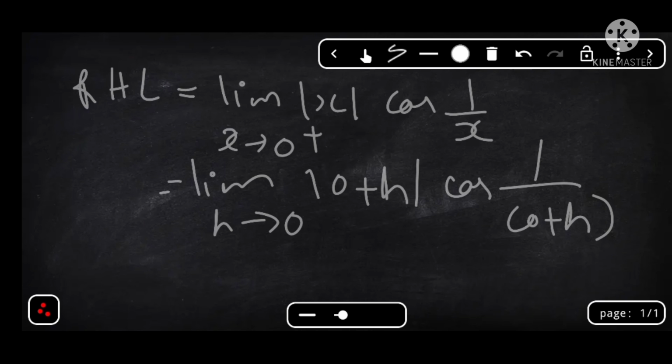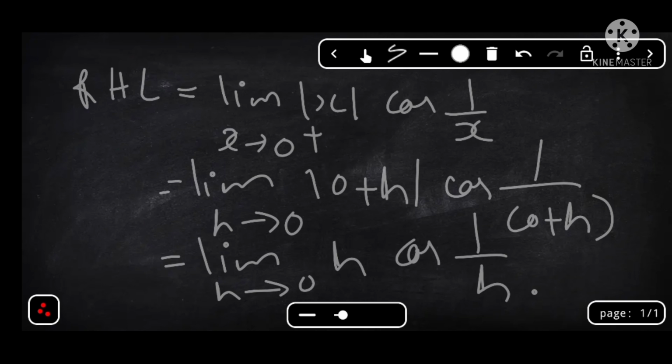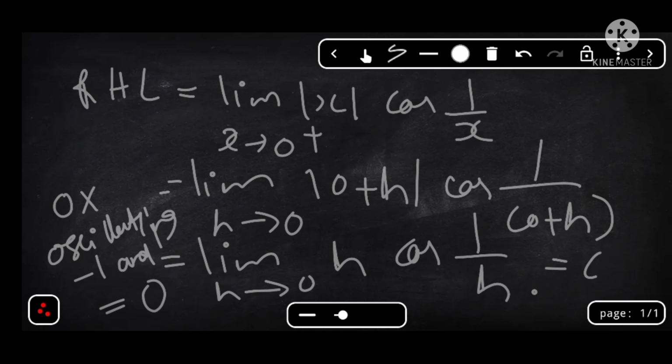So again this is going to be the limit as h tends to 0 of h cos(1/h). So the same thing, 0 into an oscillating number between −1 and 1 will be 0. So this is also going to be 0.